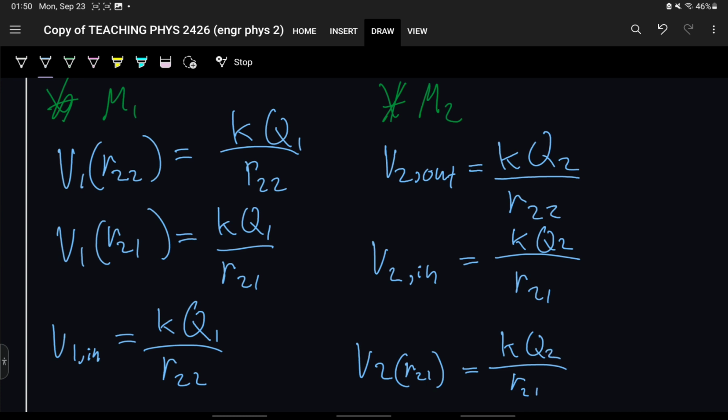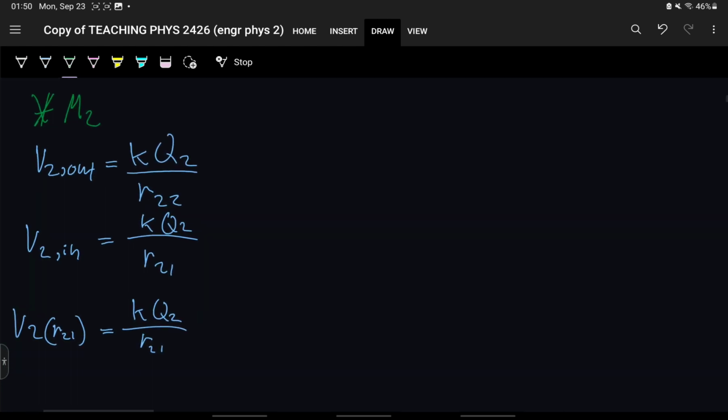Now let's take a look at the electric potential due to M3. The potential at radius R2,2 due to M3 is V3 out, equal to lowercase k times Q3 all divided by R3,2.